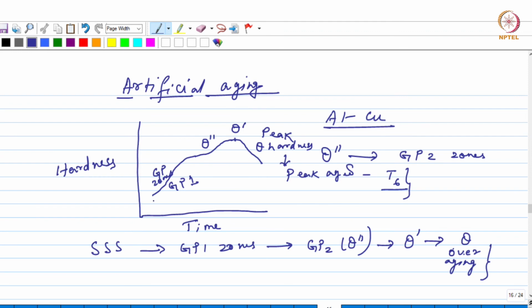Okay, so we wanted to understand why the hardness increases when the aging is done till the peak aging time.